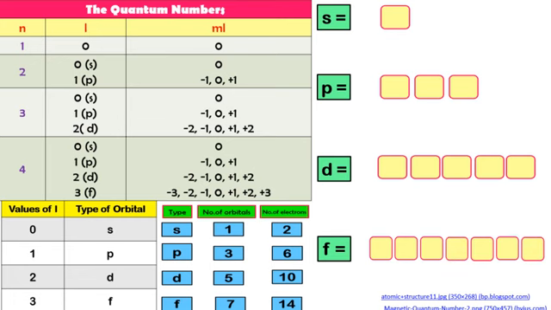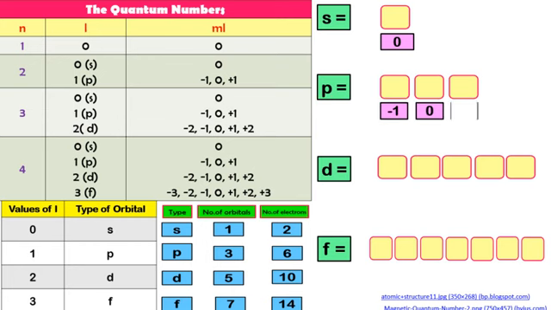So again, how are these orbitals related to ML? Because it will reflect what the ML values are. For example, in S, it is one orbital, so it is equal to 0. For the P orbital, we have three integers: negative 1, 0, positive 1.